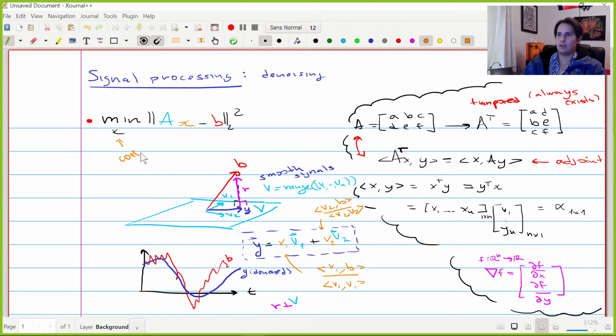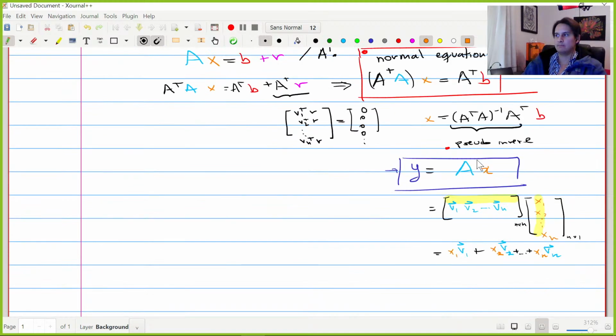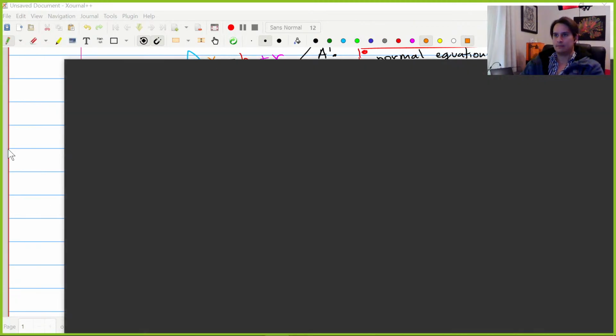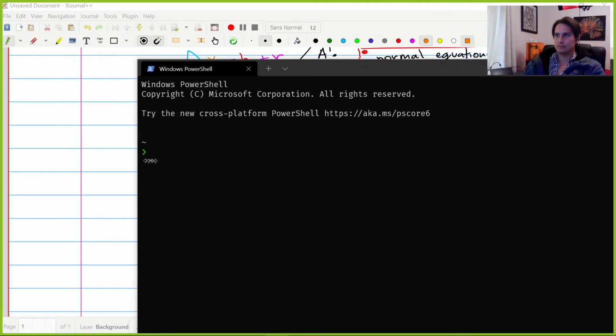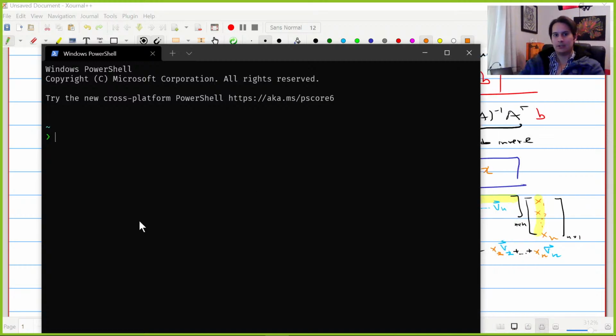The solutions are the coefficients, but we don't want the coefficients, we want the denoised signal, so that's why we need to multiply by A. Okay? Yes? Clear? Should we start with the Python?